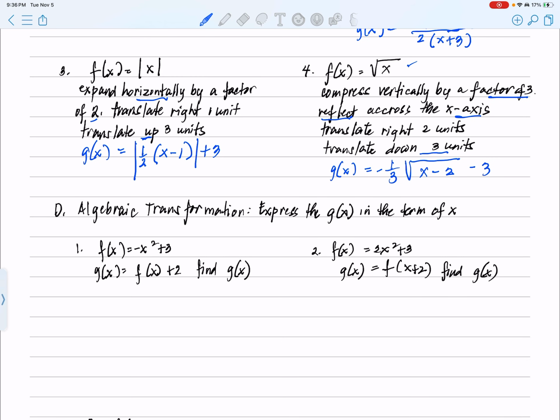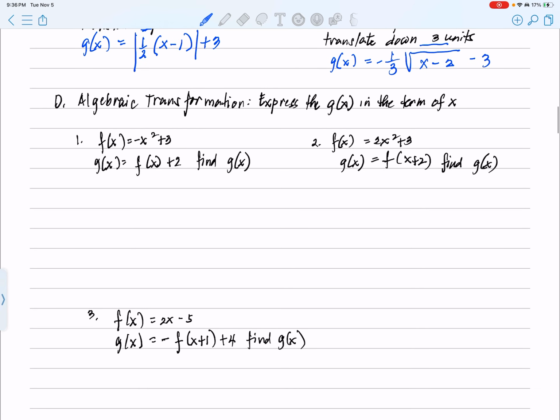Letter D. Algebraic transformation. Express the g of x in terms of f of x. Okay. We have this. F of x is negative x squared plus 3. And the g of x is equal to f of x plus 2.